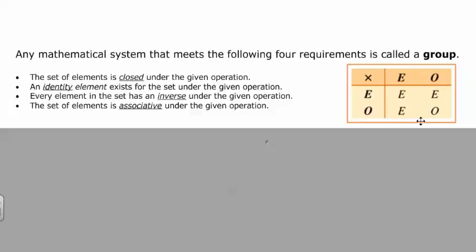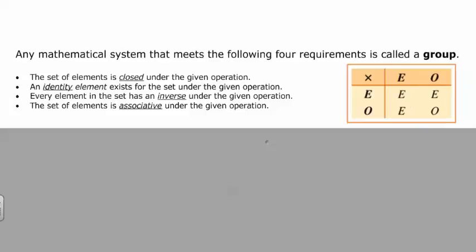Thus, it is closed. We do not get additional elements. So the results stay within the set of elements we began with. Thus, it is closed. And an identity element exists for the set. So we only have 2 elements in the set, even and odd, E and O.